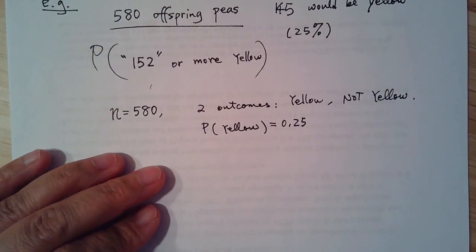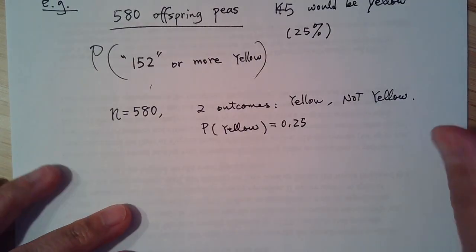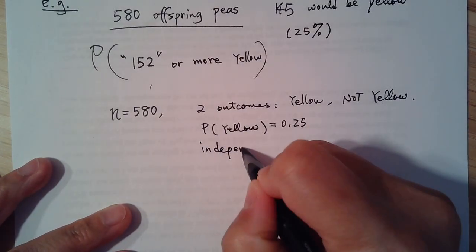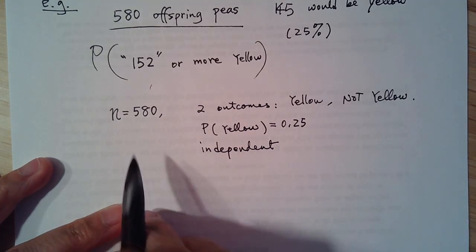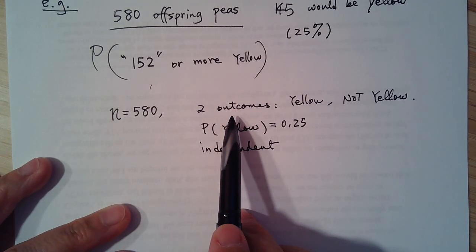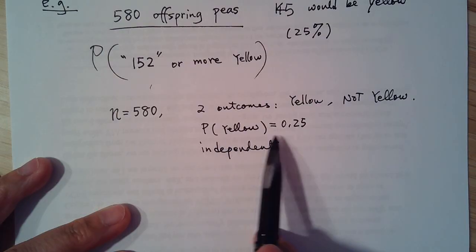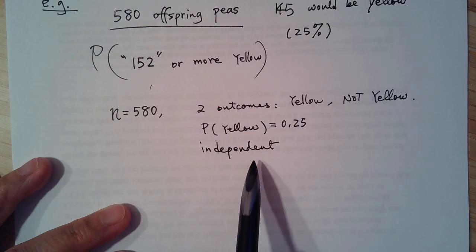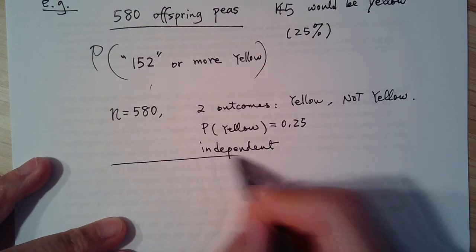All right, and each pea, whether it's yellow or green, is independent of the others. So we have a fixed number of trials and 2 possible outcomes. Success rate stays the same for each trial, and each trial is independent of any others. So this is a binomial.